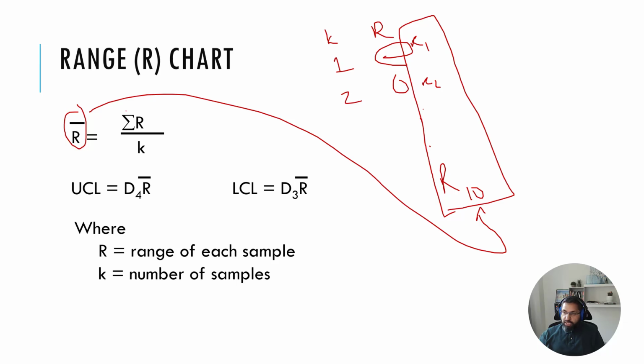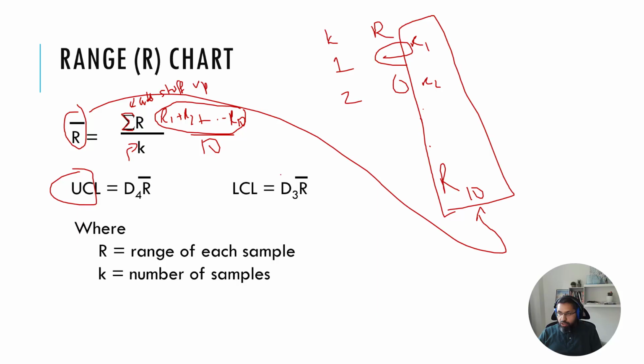Sigma means add stuff up. Add what up? Add the range values. Add R1 plus R2 up to R10. Add all the 10 range values because we have 10 samples. And then divide by 10 because you have 10 samples. K is the number of samples. So you get the average range for all the 10 samples.